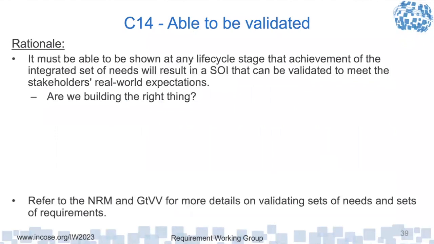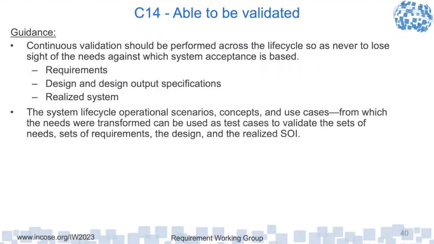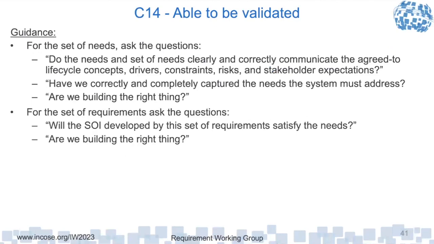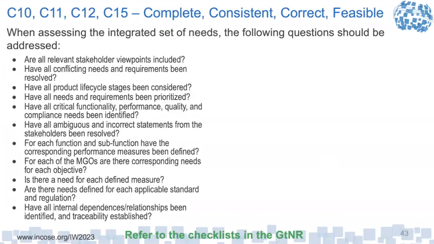So I kind of skipped through some of this real quick. We want to make sure that we are doing this validation and the continuous part of it. We have checklists in the needs and requirements manual and checklists in the guide to needs and requirements, with a whole lot of questions that will help us with all these different characteristics.